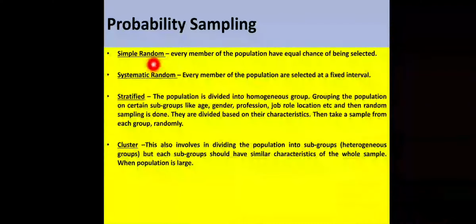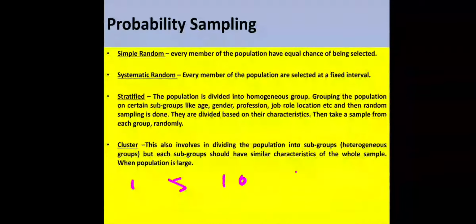Okay. In case of systematic random sampling, we see that every member of the population is selected at a fixed interval. So take for example, we have 1 to 5, 5 to 10, 10 to 15, okay, the rows.